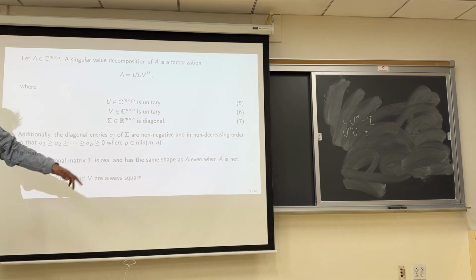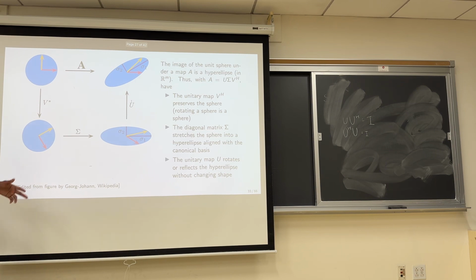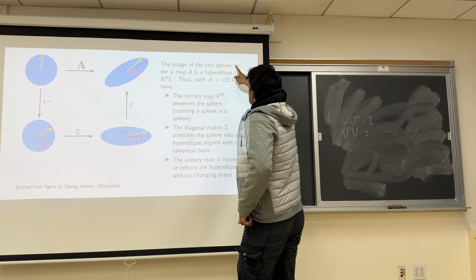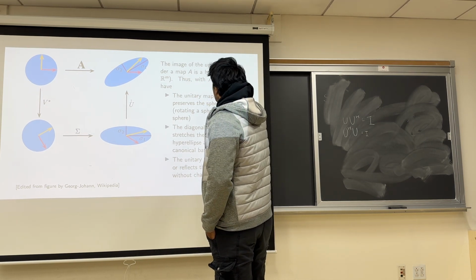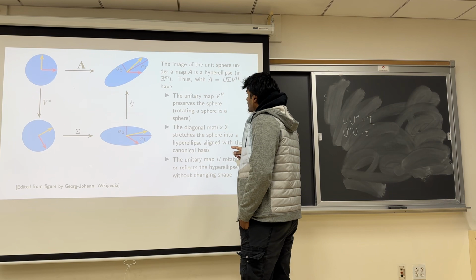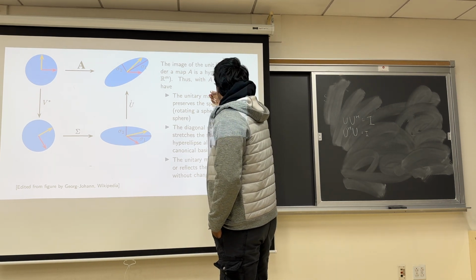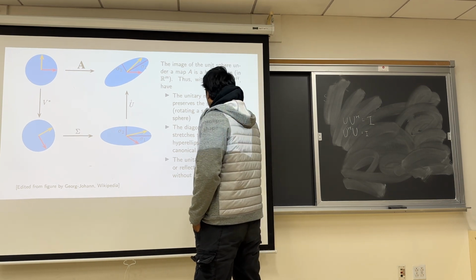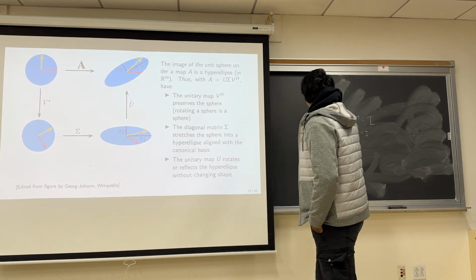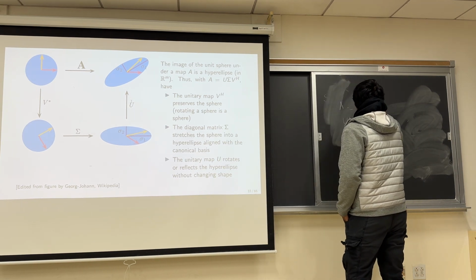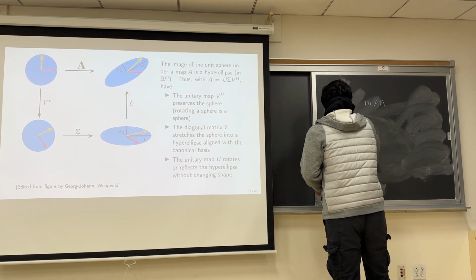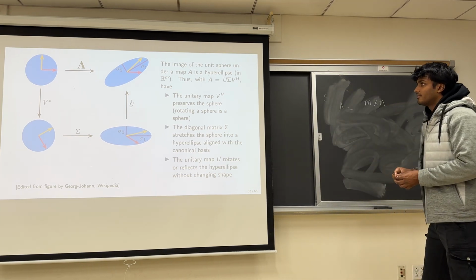Alright, these are just the singular values of the matrix. Now what is this? Let me show it in pictures. The image of a unit sphere under a map A is a hyperellipse in Rm. Let's say my A is an m cross n matrix.